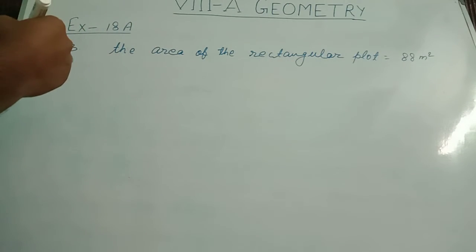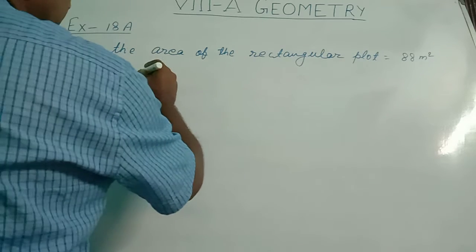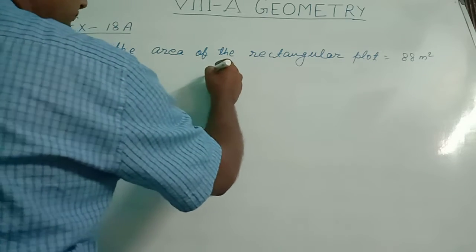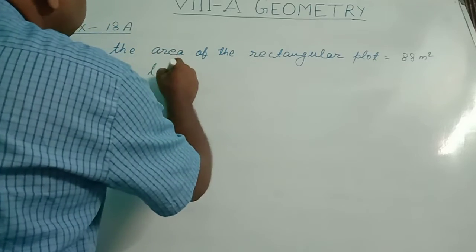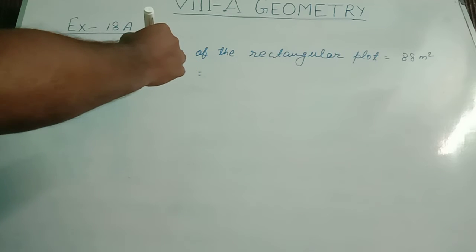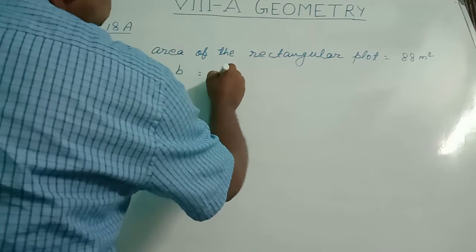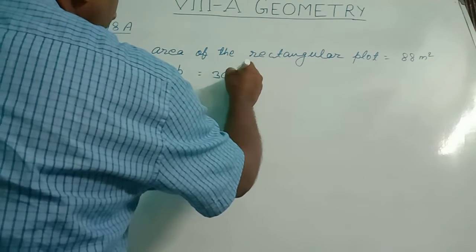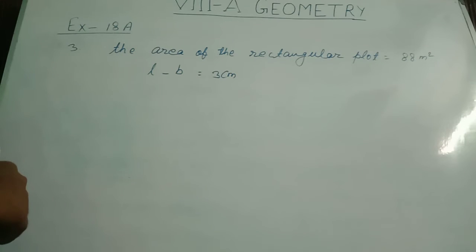If the difference between its length and breadth is 3 centimeter, if we consider length is L and breadth is B, then L minus B is equal to 3 centimeter. Find its perimeter.